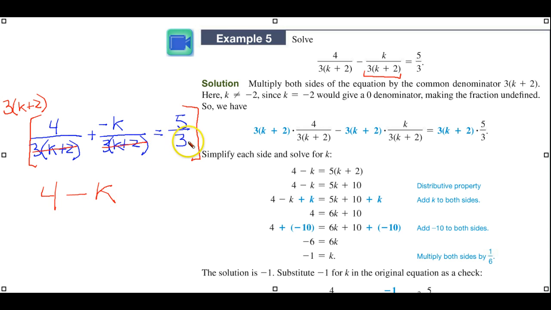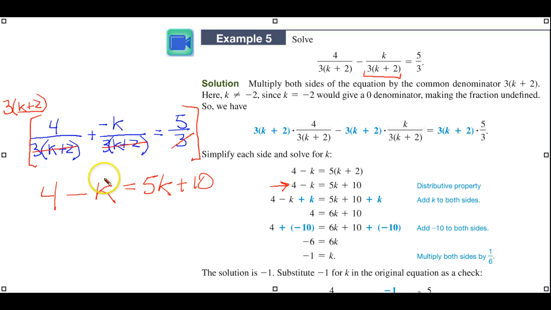Now, when we multiply this by the 3 here, the 3 cancels out, but we're left with this, that we now have to multiply 5 by k plus 2. So this is 5k plus 10. And this is where we are over here.